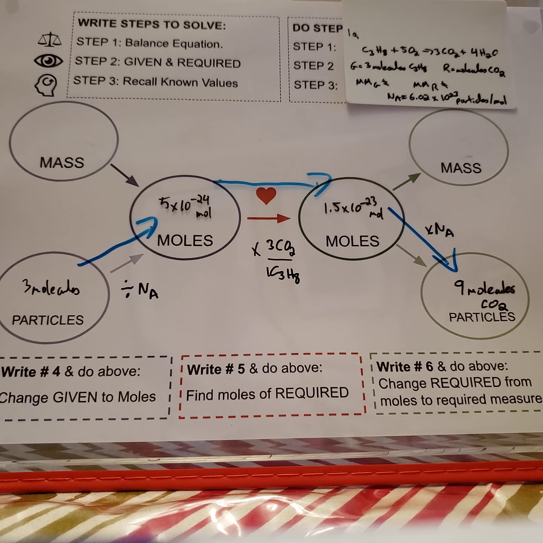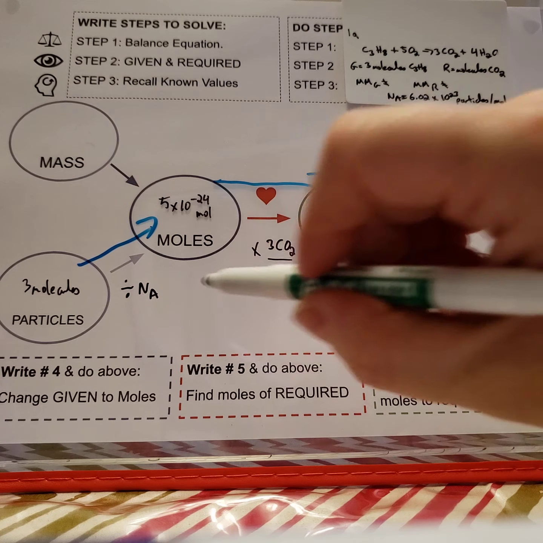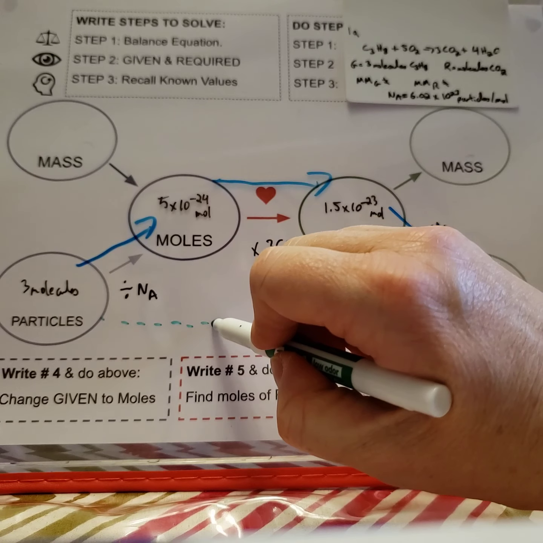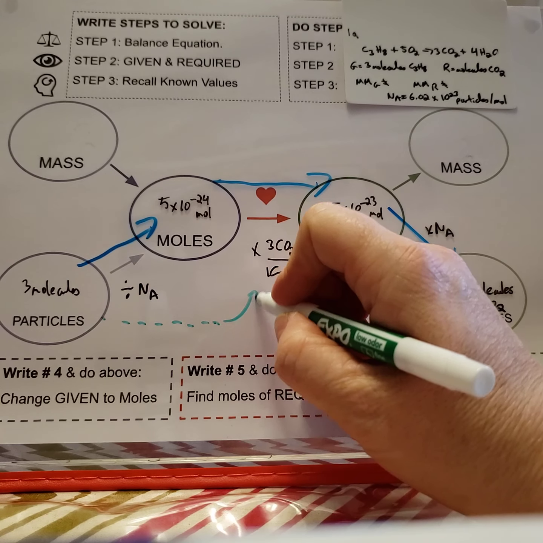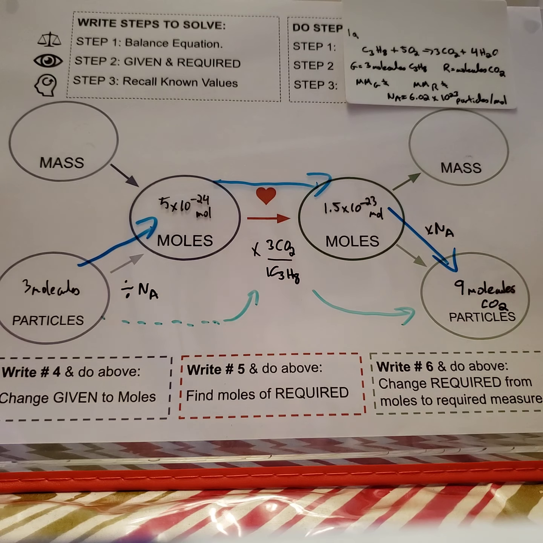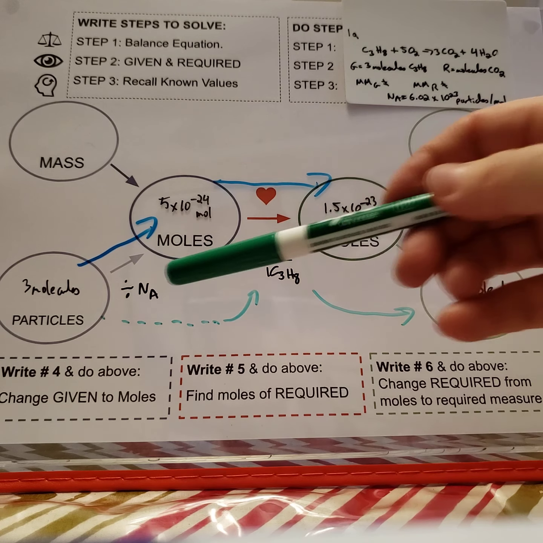Now, if you are feeling really confident in your stoichiometry and in your understanding of what all these numbers really mean in the balanced chemical equation, you will notice there is a shortcut for this particular problem. You can go molecules, stop by to do the multiplication by the balanced ratio there, and then get to particles without using Avogadro's number.